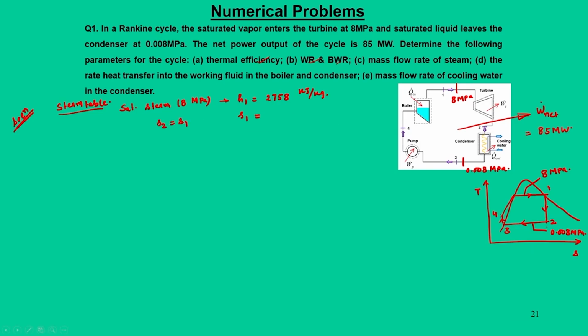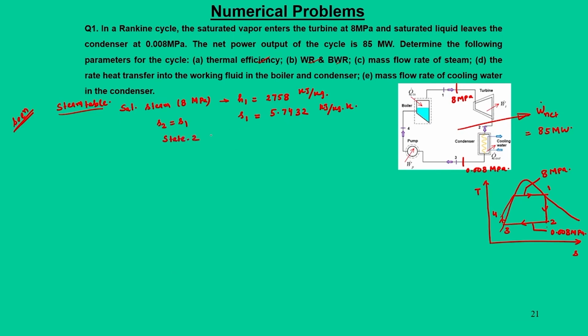So we need to find what S1 is at 8 megapascal. This number is 5.7432 kilojoule per kg Kelvin. So you have H1, S1, then point 2.